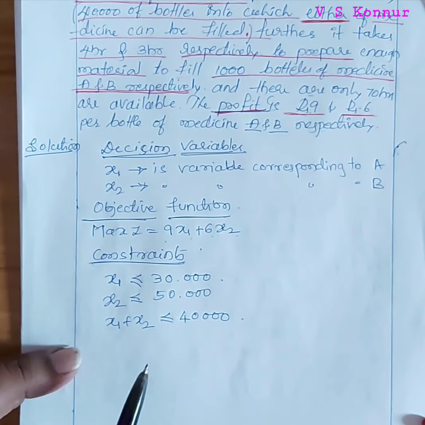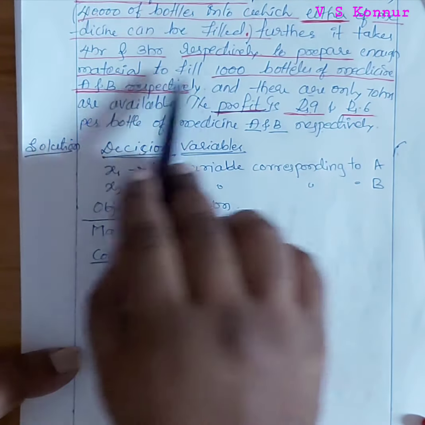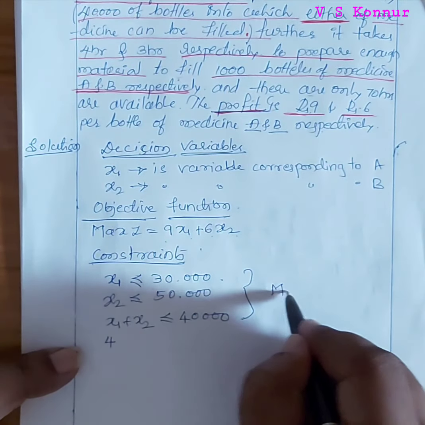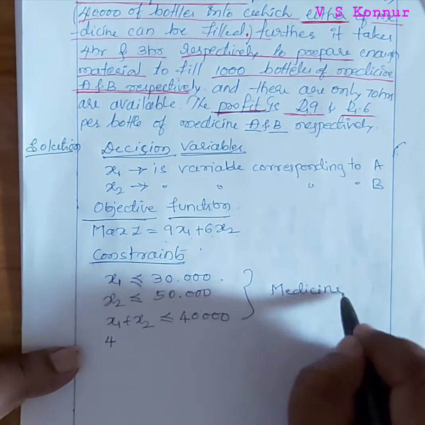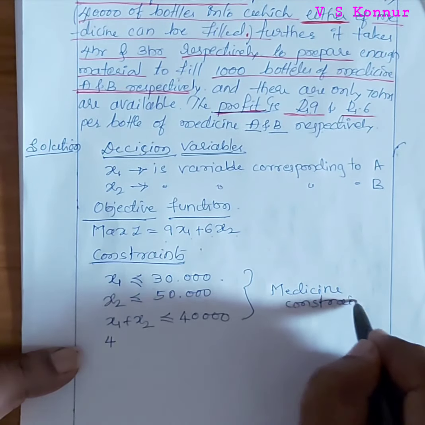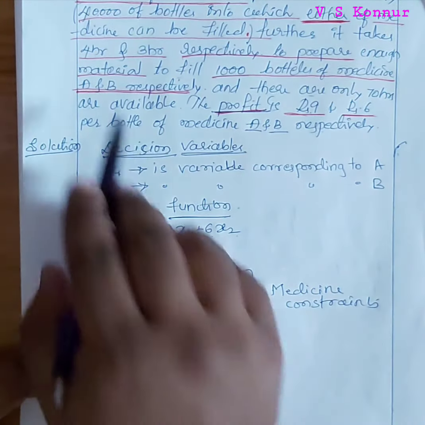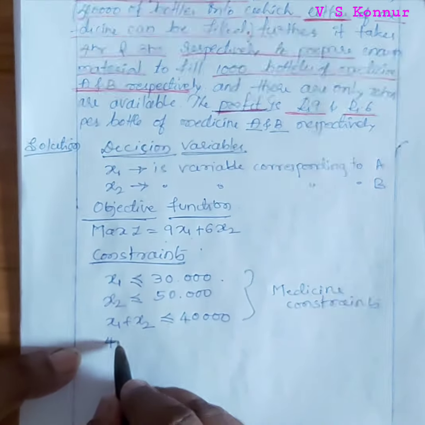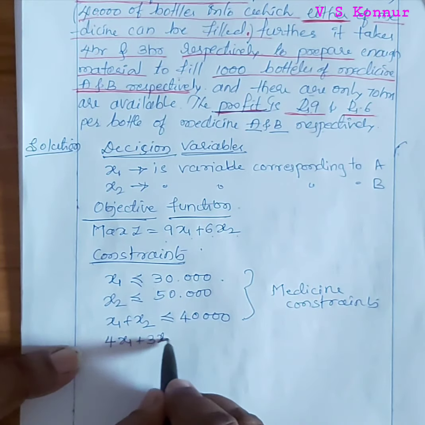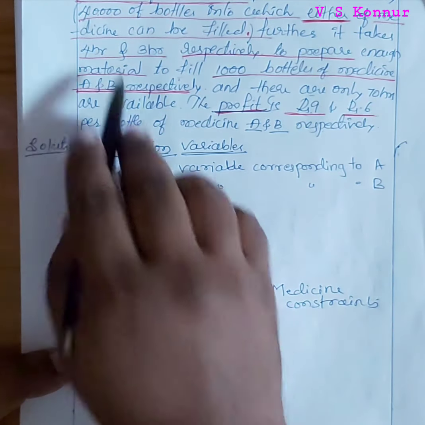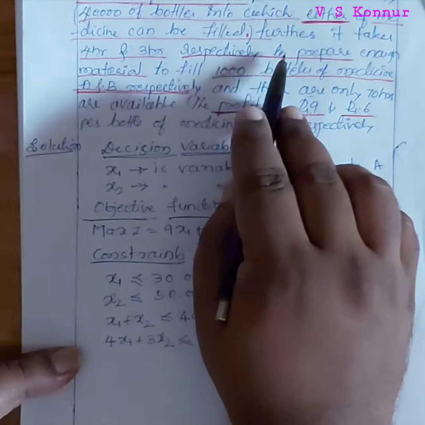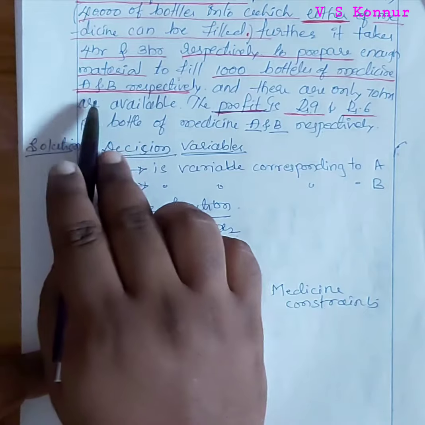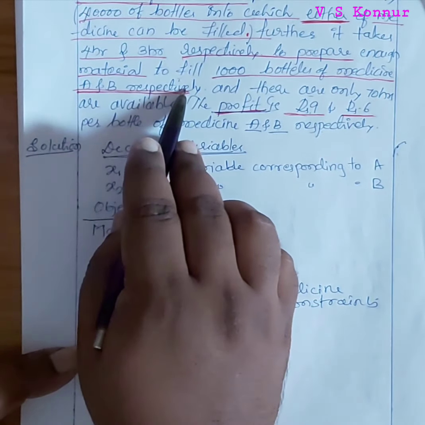Further it takes 4 hours and 3 hours. These are the medicine constraints. The last one, the hour constraint. It takes 4 hours and 3 hours respectively to prepare enough material to fill 1000 bottles of medicine A and B respectively.